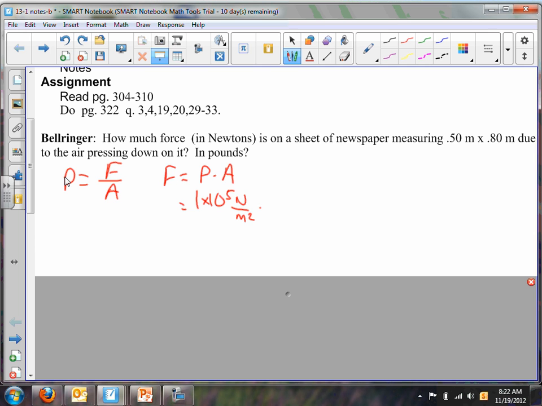And if we take that times our area in square meters, we can get our force. Our area would be 0.5 meters times 0.8 meters. If we multiply all those together, we end up with 40,000 newtons of force.